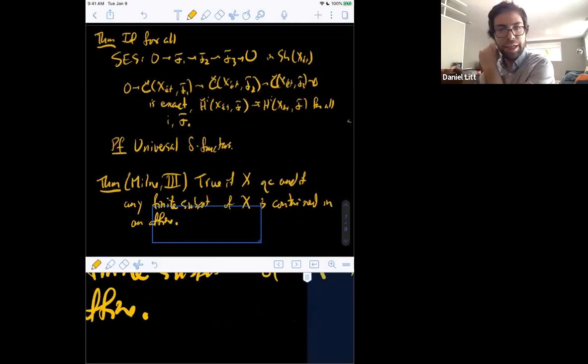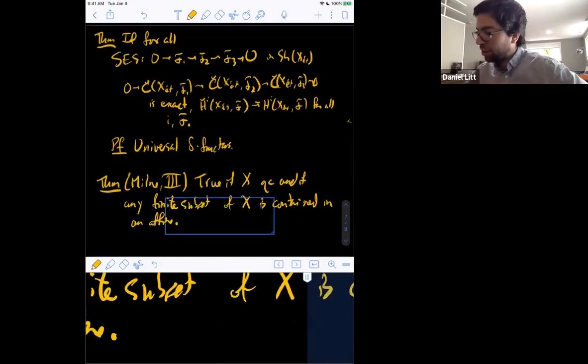And can anyone give me an example of a checkable condition for when the hypotheses of this theorem are true? The main way I know how to check this weird condition about every finite subset. Quasi-projective? Yeah, so quasi-projective is the example.